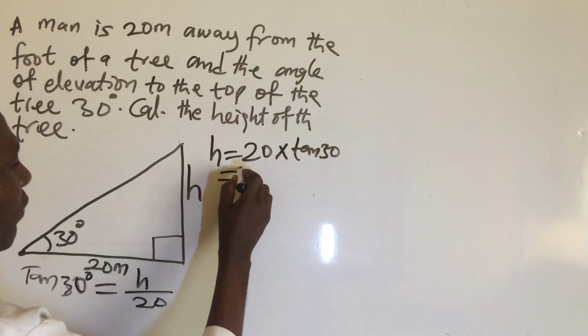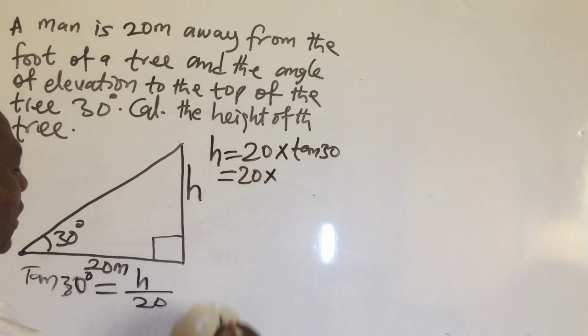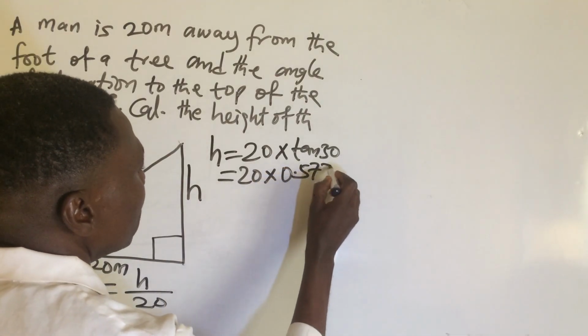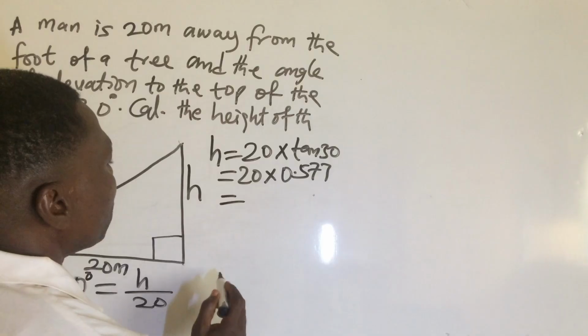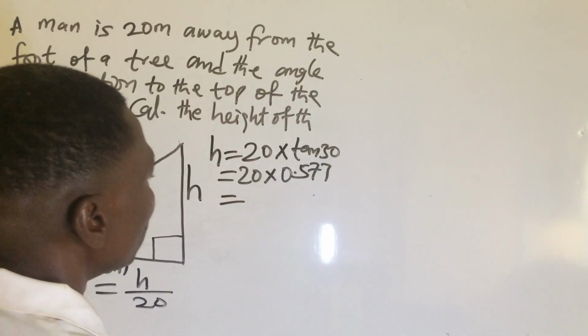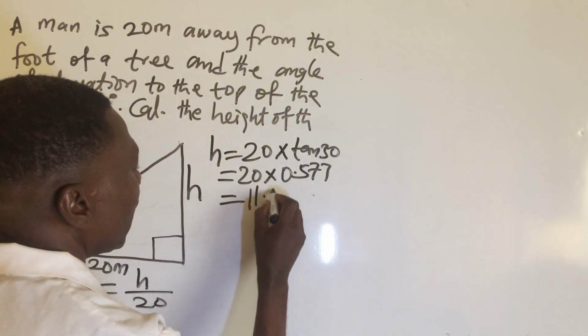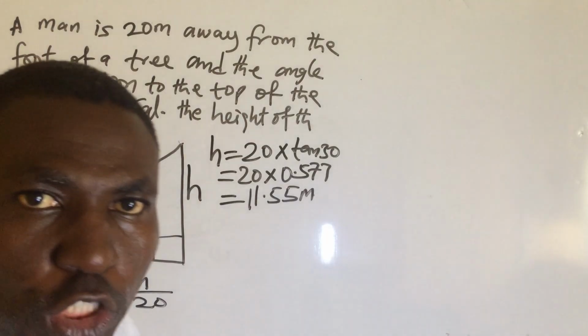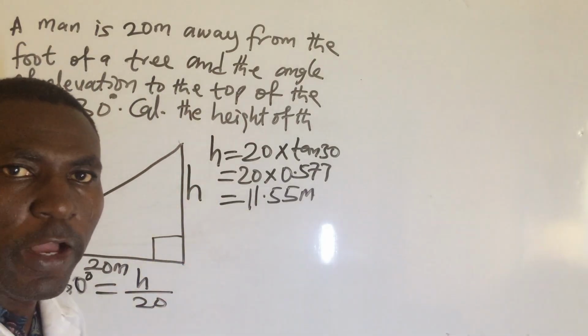Tan 30 is 0.577, so we multiply 20 times 0.577. What will it give us? 11.55 meters. So the height of this tree is 11.55 meters.